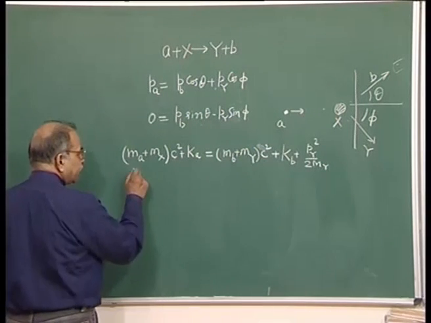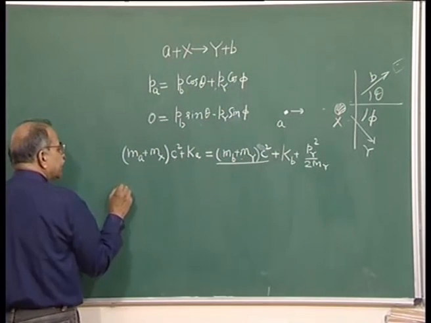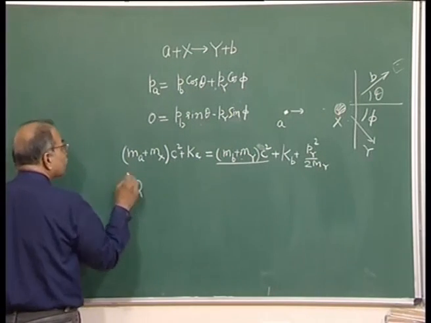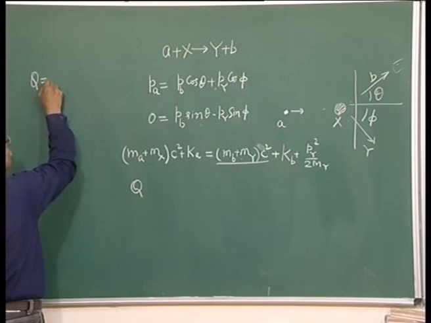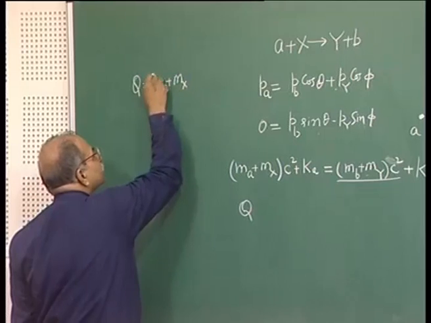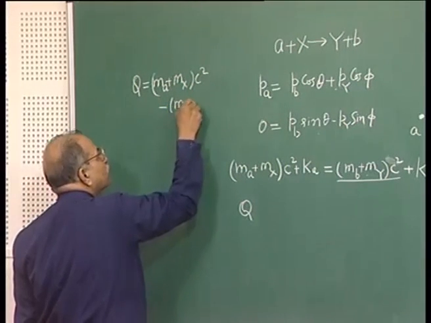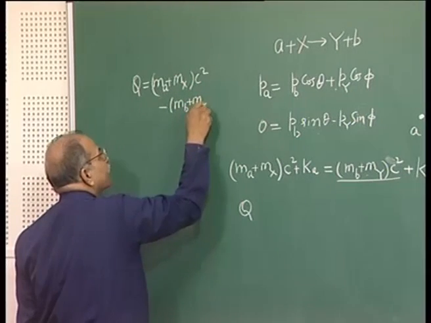So, I can take this to the left hand side and write that as Q. So, Q is as usual (mA plus mx) c square minus (mB plus my) c square.